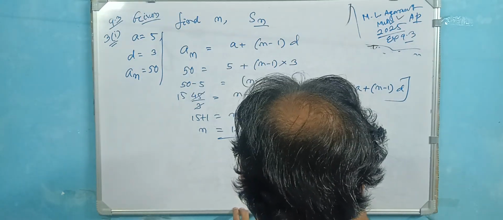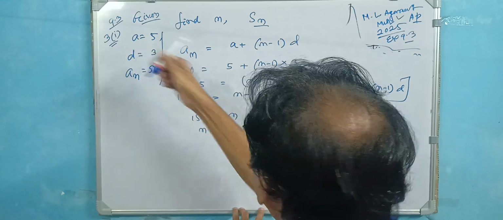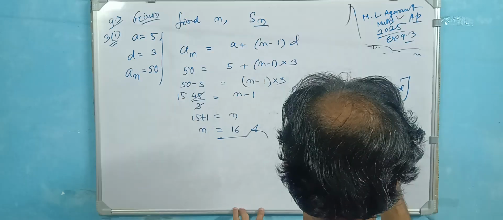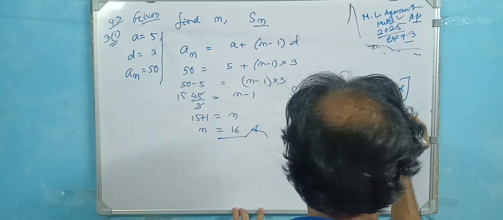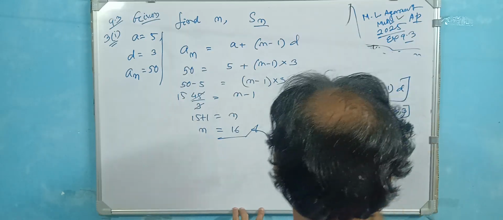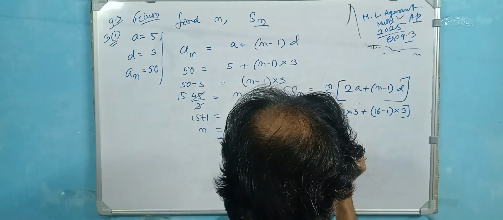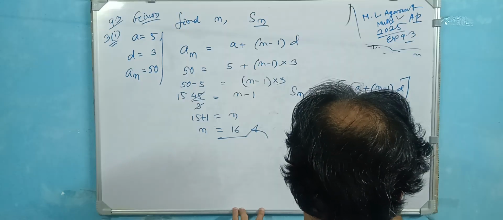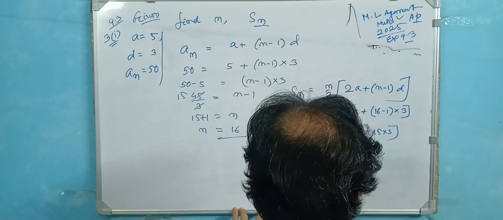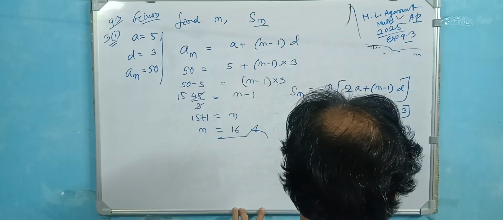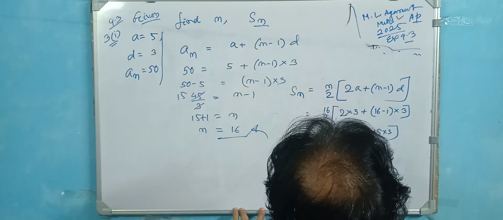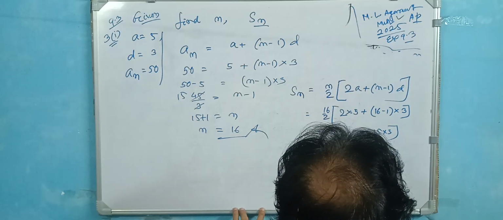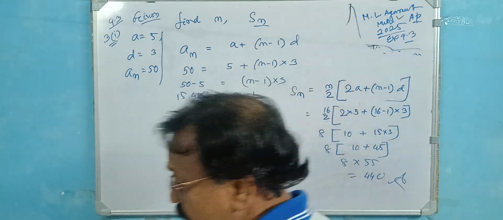So 16 by 2 bracket twice a, which is 5, plus n minus 1, n is 16, so 16 minus 1 into d, d is 3. So this is 8 into 10 plus 15 into 3, that is 8 into 10 plus 45. So 8 into 55, 440. So this is the answer.